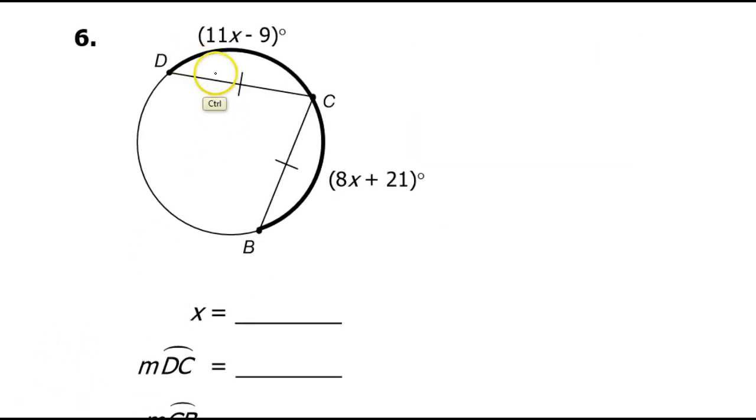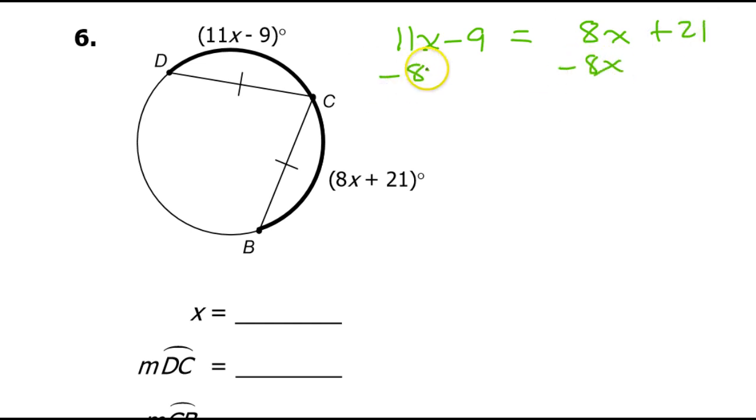Once again, if the chords are congruent, then the arcs are congruent. So that means that 11x minus 9 will equal 8x plus 21. Subtracting 8x from both sides leaves us with 3x minus 9 is equal to 21.